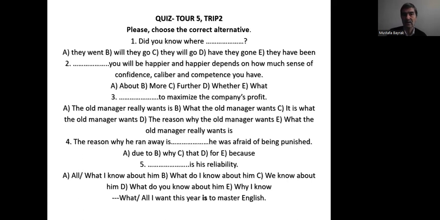For the reason why he ran away, the reason why he ran away is blank. He was afraid of being punished. The reason why he ran away is that he was afraid of being punished.